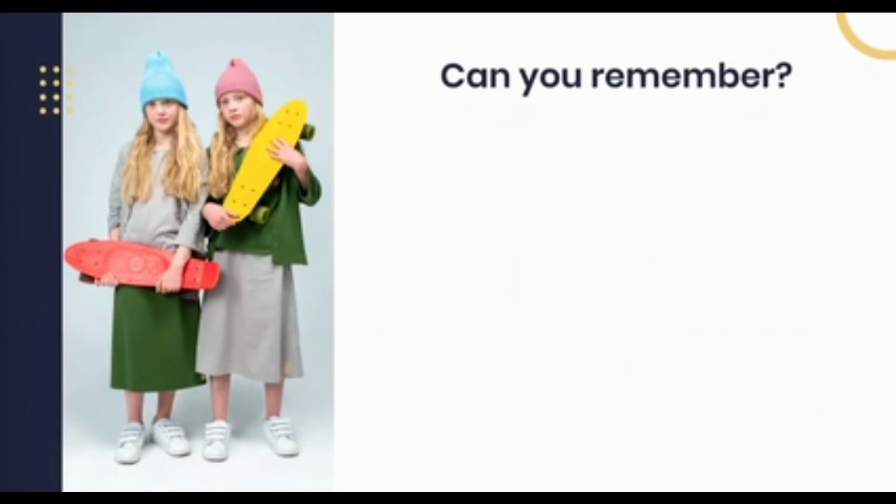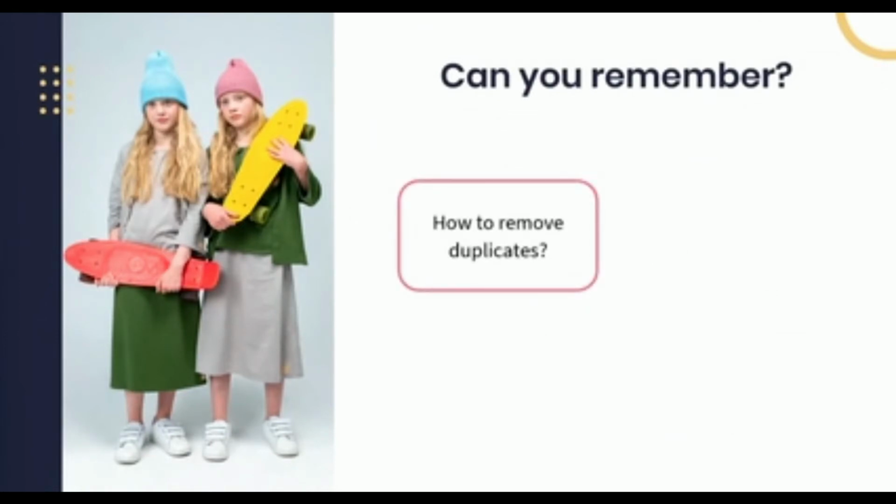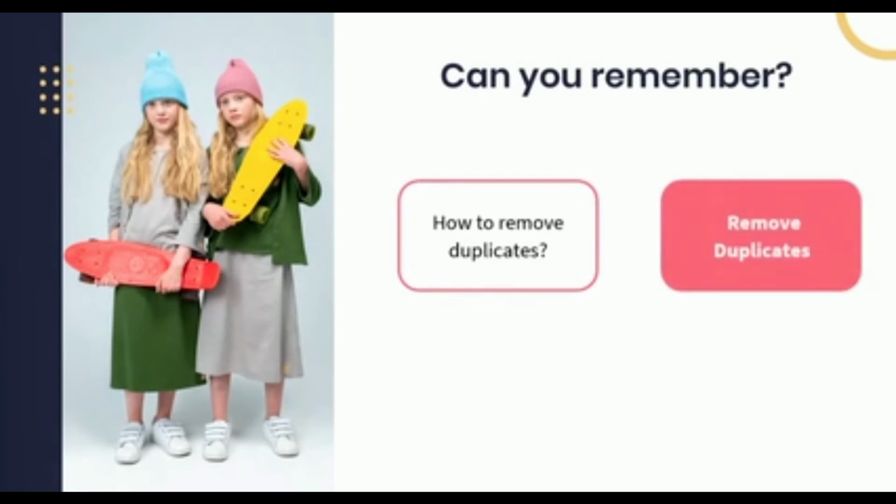But now, when there are a lot of duplicates, how can we make sure that we are removing those duplicates? If you remember correctly, you can highlight your entire data set and then click on the Remove Duplicates button. This means that your data is nice and clean and your dashboard will work effectively.